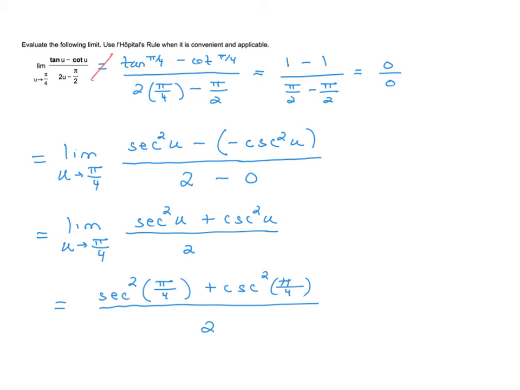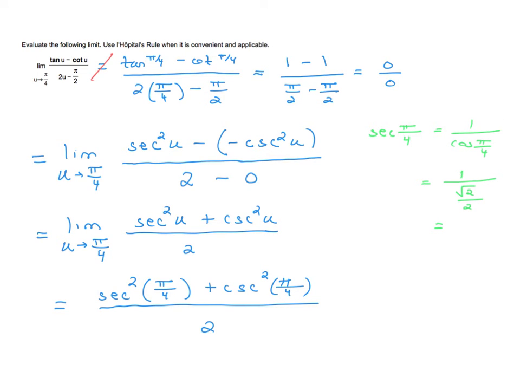So to complete this problem, what we need is the exact values of secant and cosecant at pi over 4. Well, I'll do that off to the side. Secant is the reciprocal of cosine, so that'd be 1 over cosine. And cosine of pi over 4 is root 2 over 2.